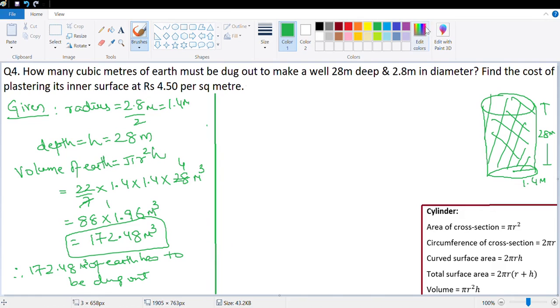Part 2 says, find the cost of plastering the inner surface at rupees 4.50, which means we are looking at plastering the inner surface, not the base, only the curved surface area. So let's calculate curved surface area.